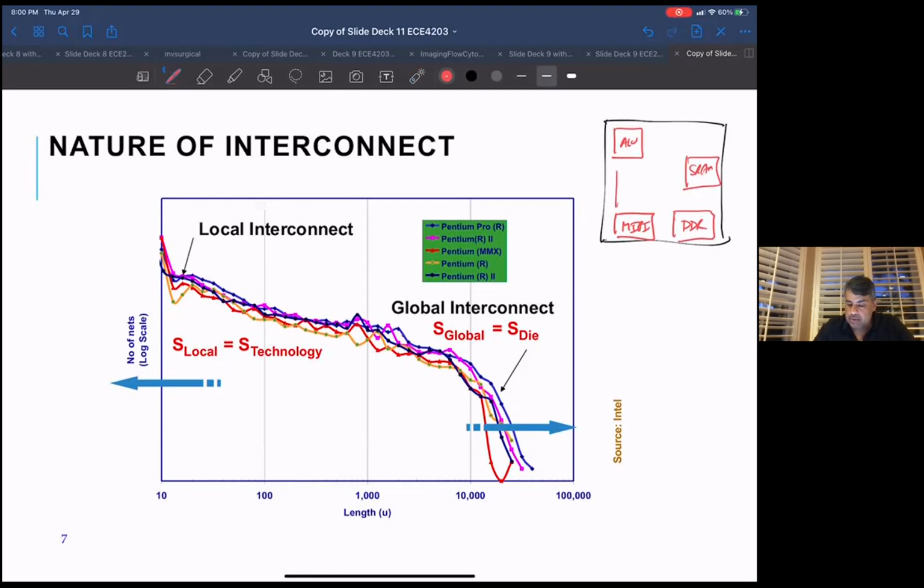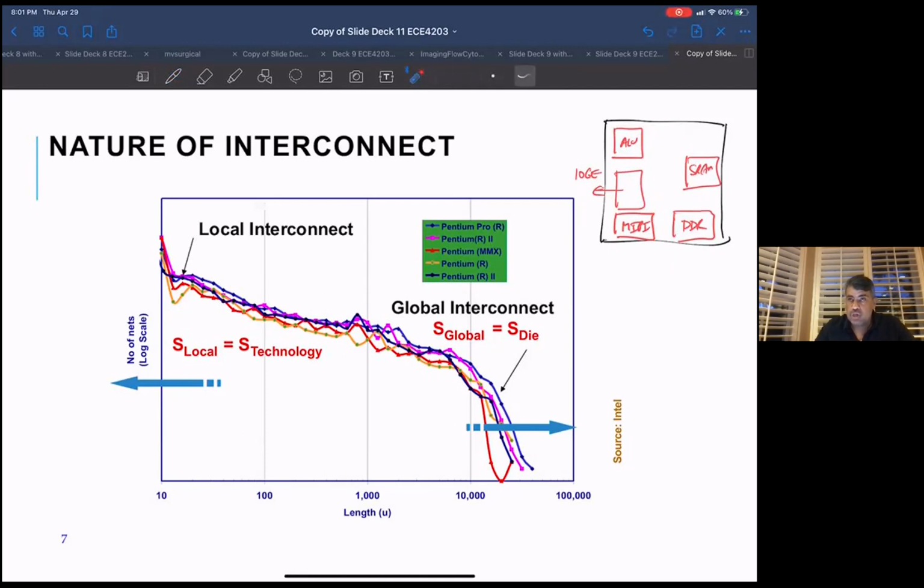There'll be high speed, let's say 10 gig interfaces and so on. So most of the interconnections on your chip are going to be happening inside these blocks, and you're going to try to have as few global signals between them as possible, just to keep things straight.